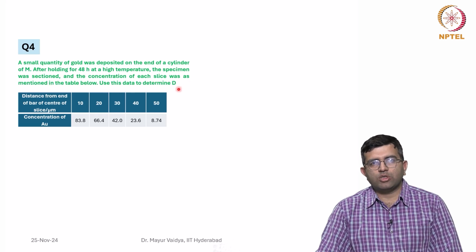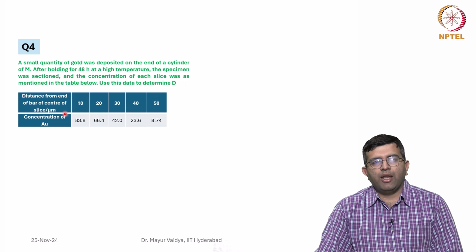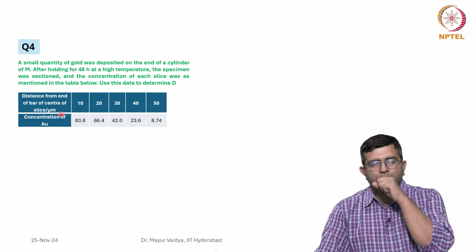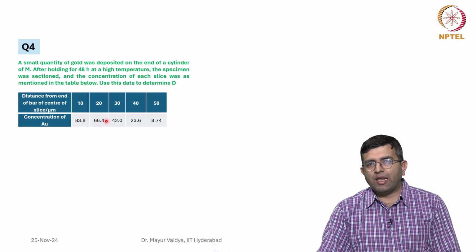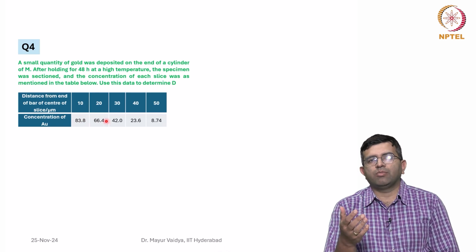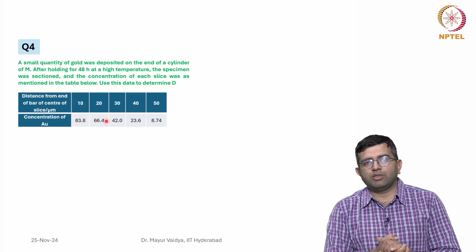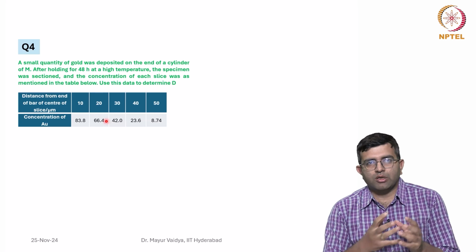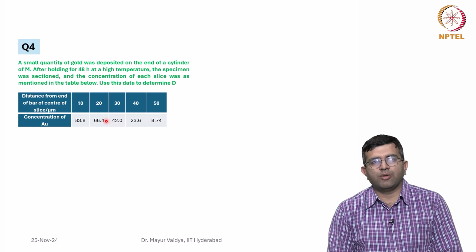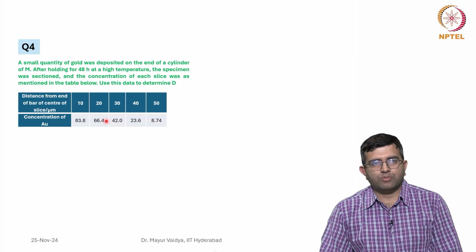Use this data to determine D. There are a couple of ways to solve the problem. I will tell you one, and I will request you to find out the other way of solving this problem and maybe post it on the forum or share with us once you find out.